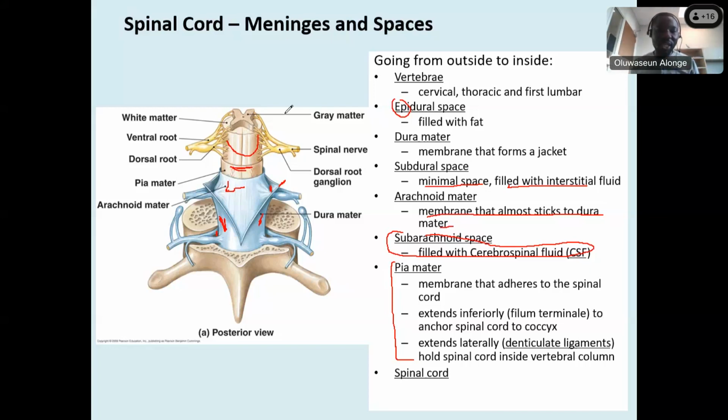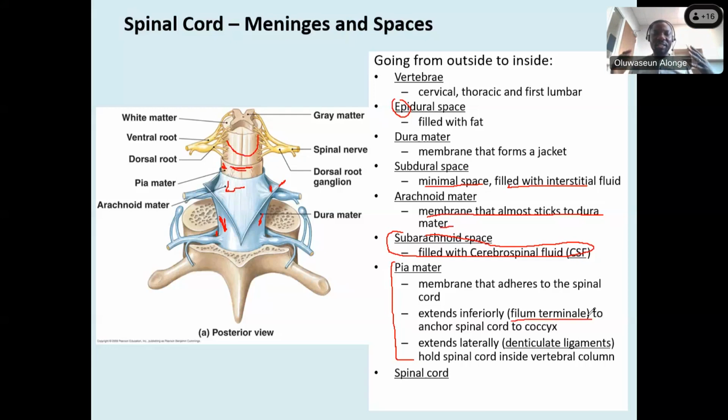So to prevent that, this pia mater, which is the closest membrane to the spinal cord, when the spinal cord ends as the conus medullaris, which I will still talk about, the pia mater does not end. The pia mater continues till the coccygeal area, and the end of that pia mater is what we call the filum terminale.